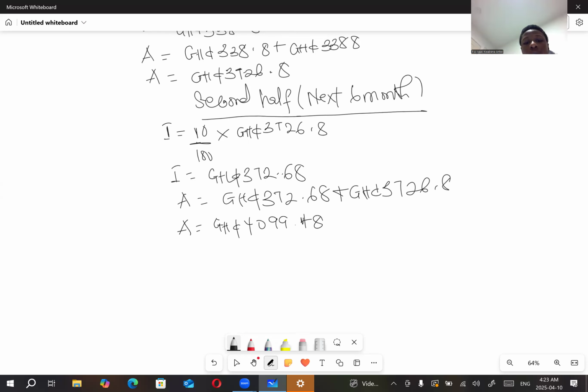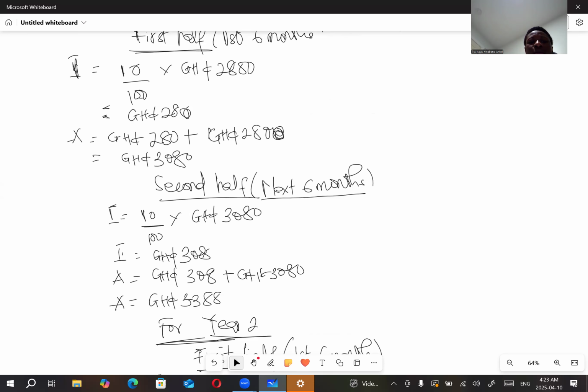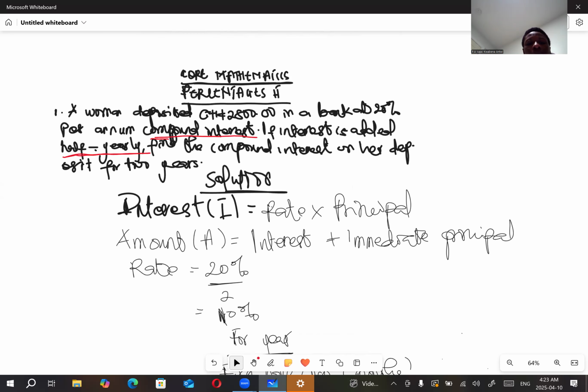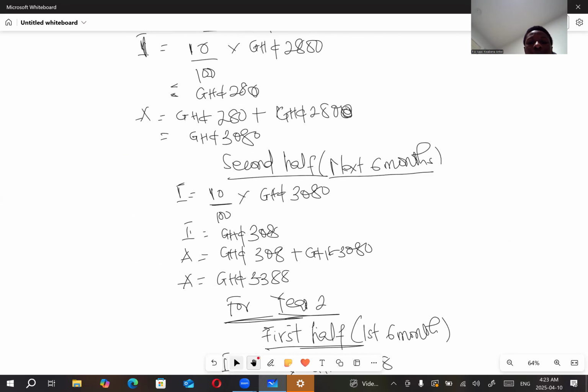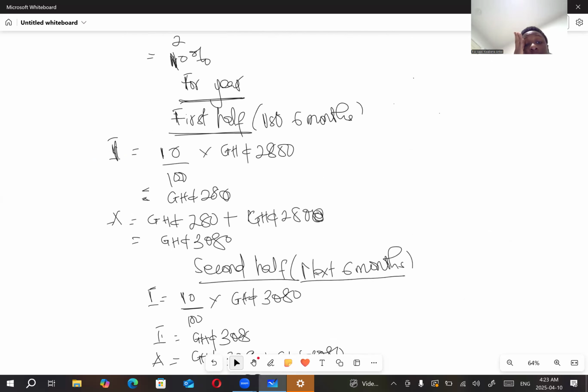Okay. Now we have to go back to the question, what it wants us to find. So it wants us to find the compound interest on her deposit for 2 years. So it's only interested in finding the compound interest. And in order to find the compound interest, compound means the whole gross interest.